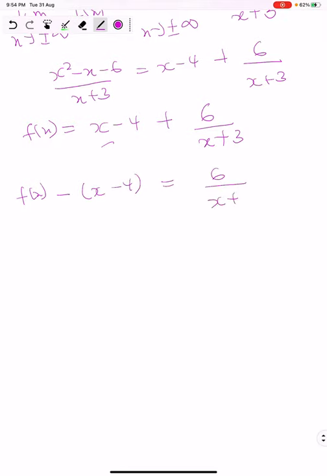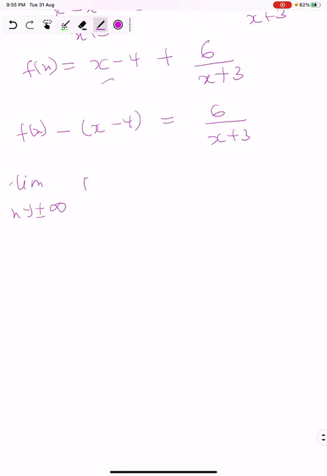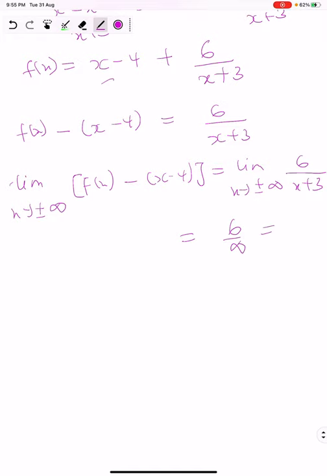And so the limit as x approaches positive or negative infinity of f of x minus the quantity x minus 4 is equal to the limit of 6 over x plus 3, which is 6 over infinity, which is equal to 0.